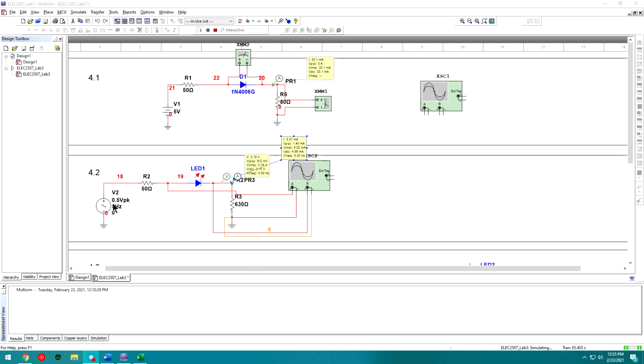But the 0.5 volts peak signal, it goes down 0.5 volts and it goes up 0.5 volts, right? So in the cycle where it goes down 0.5 volts, what's going to happen is the LED is going to turn off, right? Because the operating point is centered around the DC operating point, and it's going down 0.5 volts, it's going up 0.5 volts like we talked about in the last lab. So basically, the LED is going to turn on and off every half cycle.